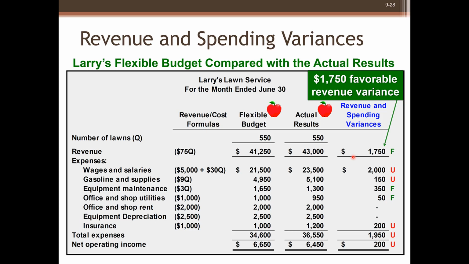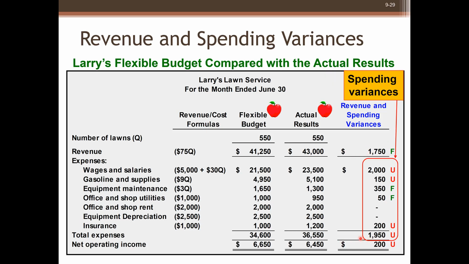In Larry's case here, several homeowners requested some additional edging and trimming beyond the regular monthly service. So it results in increased revenue. Revenue variance is favorable.